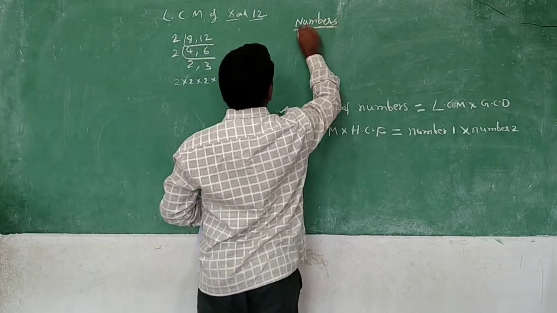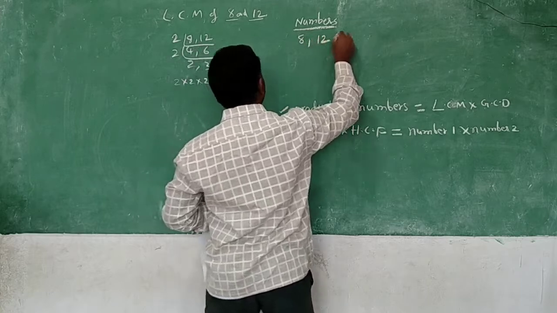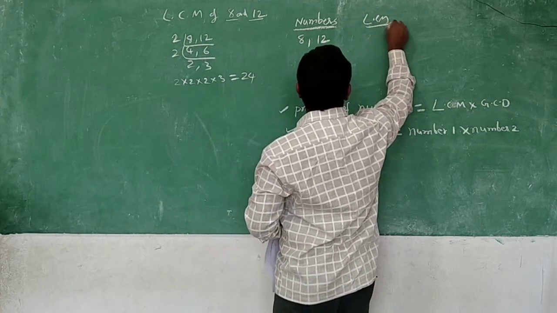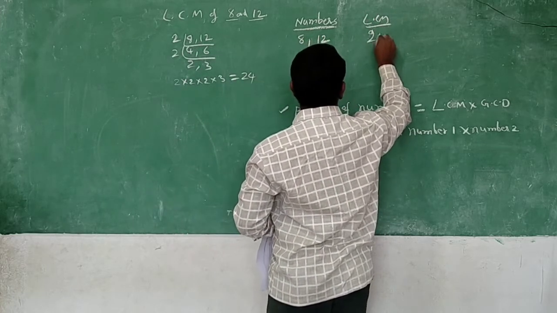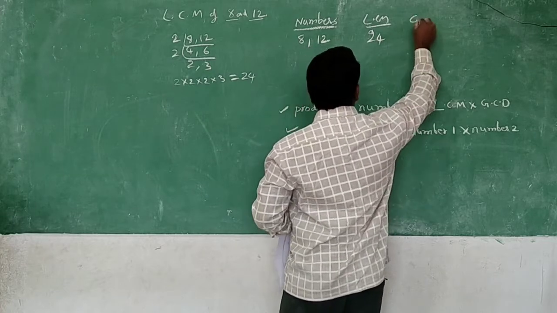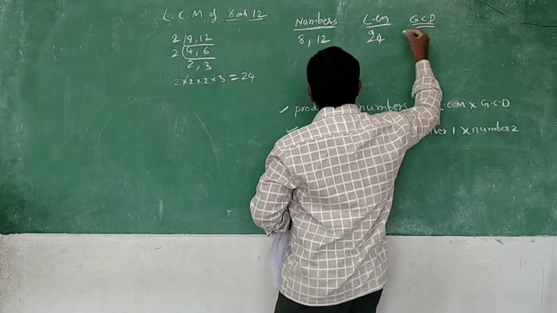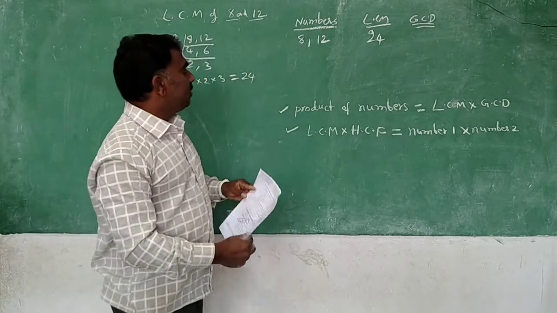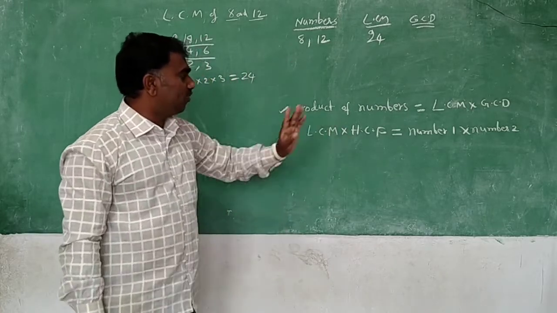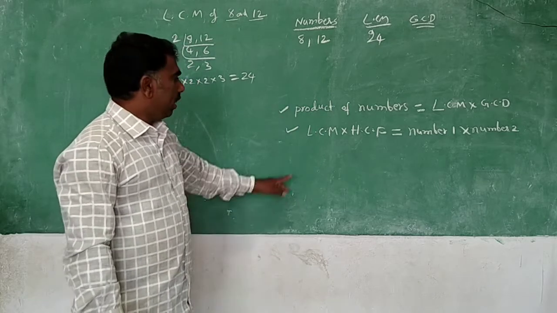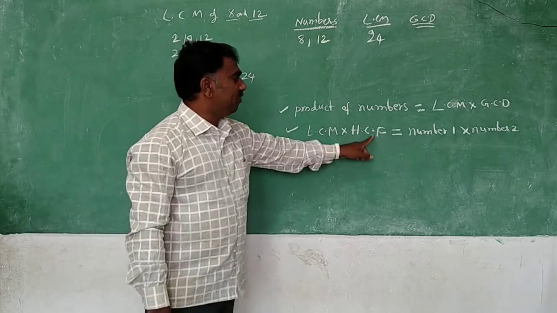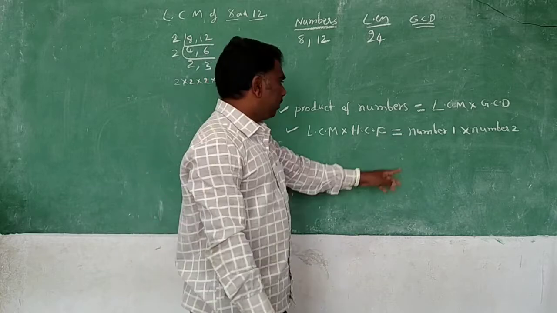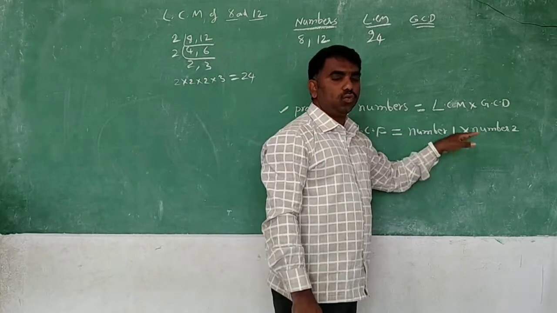What are the numbers in this problem? 8 and 12. And what did you find? LCM. What is the LCM? 24. So you have to find the GCD by using the relation. What is the relation? LCM into HCF is equal to number 1 into number 2.